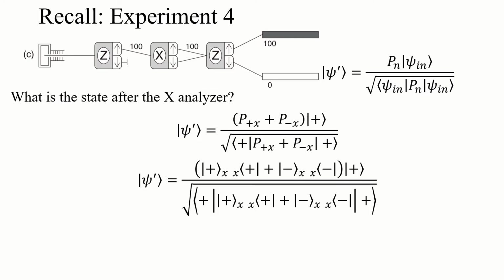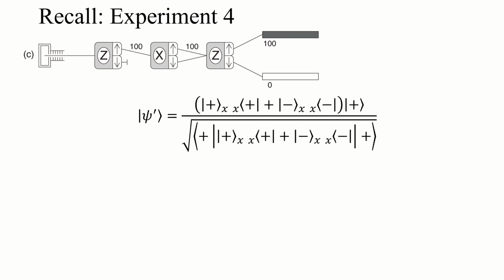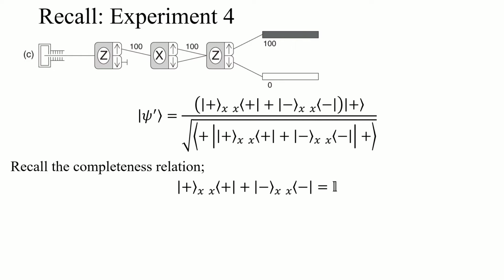We can write that in terms of the outer products. Those projection operators are just the ket-bra outer product of those states, so we have both of them. And if you recall from our previous video lecture, the completeness relation showed that the sum of those two projection operators is equal to the identity matrix.